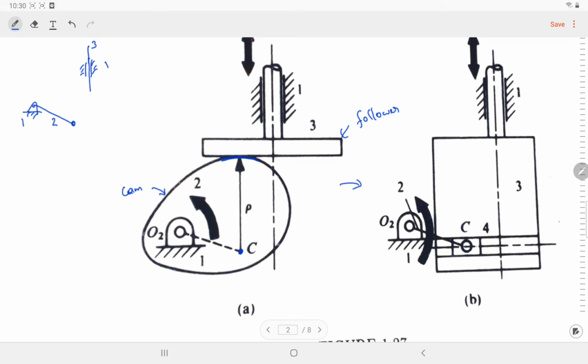Now for this link 3, this is the curve, and the curve is a straight line, which means the center of curvature will be somewhere at infinity, either in this direction or in that direction.